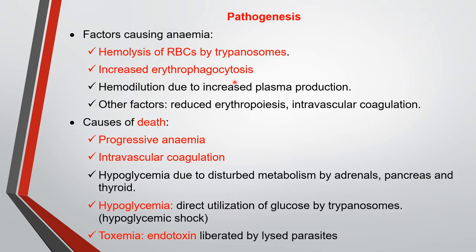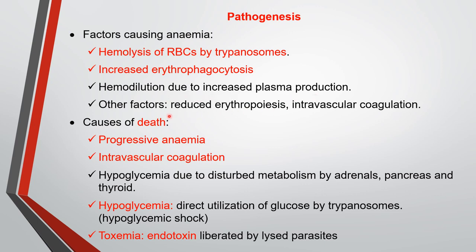There is opsonization. Opsonization means keeping the RBC ready for phagocytosis, to be eaten. The third factor causing anemia is hemodilution due to increased plasma production. This also leads to anemia.